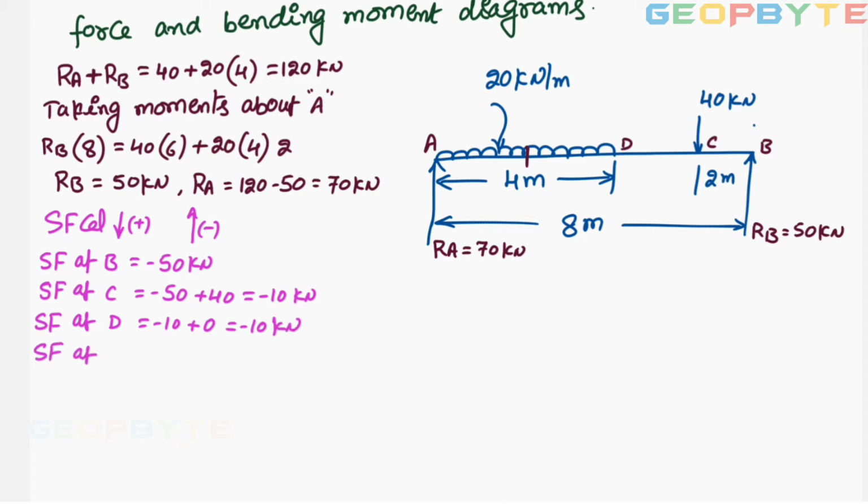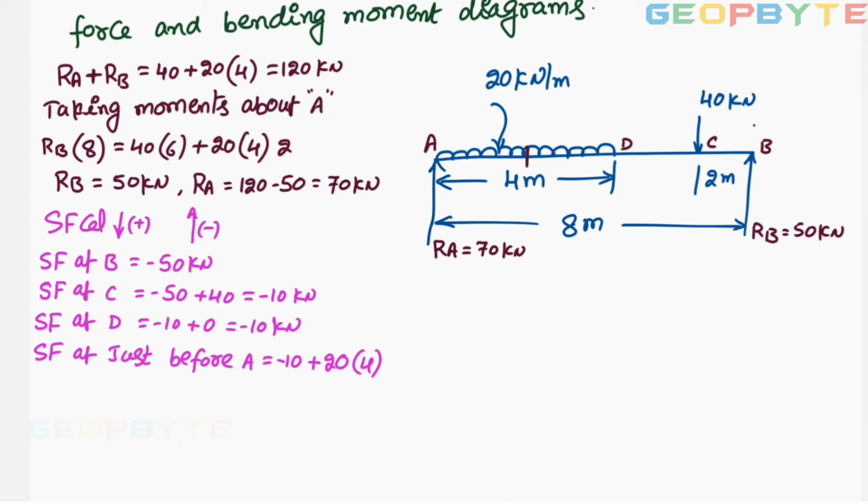Shear force at just before A: while you are finding the shear force just before A, you consider only the effect of UDL. Already minus 10 is there, the effect of UDL is plus 20 into 4.